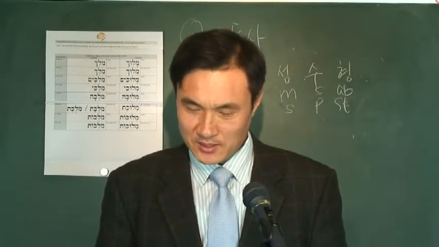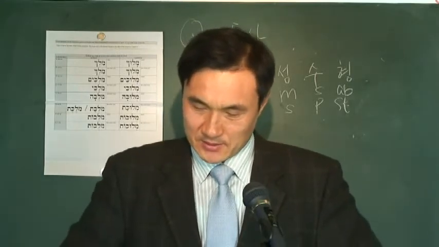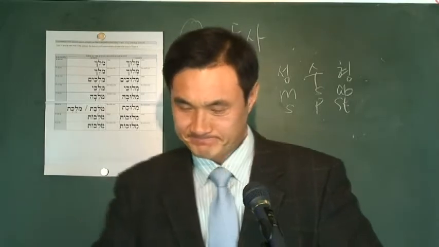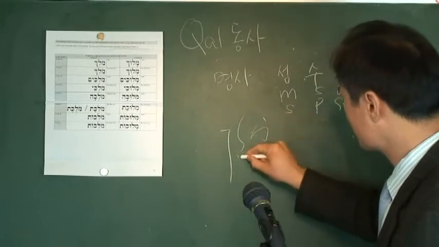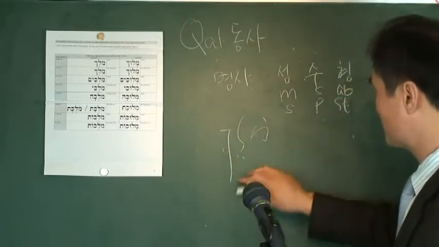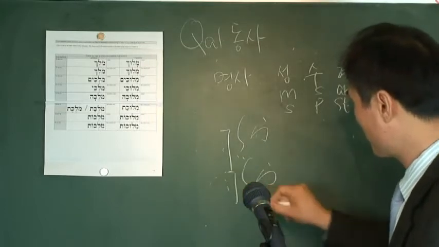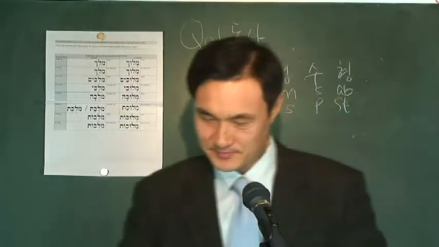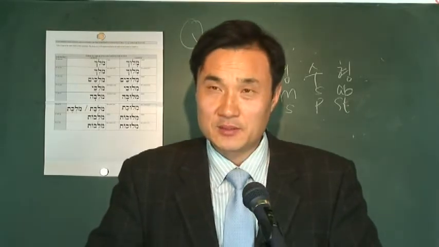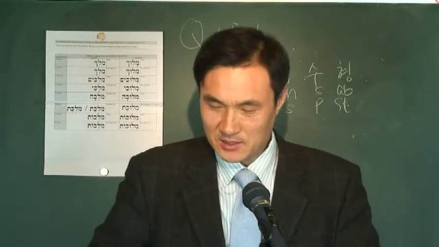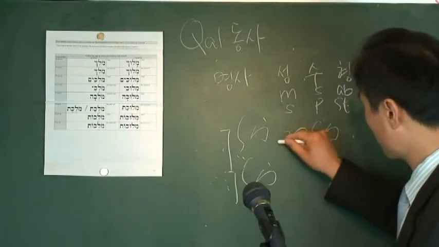In the case of the masculine singular, the absolute and the construct states are the same as they are of nouns. Both the absolute and construct states would be molek.